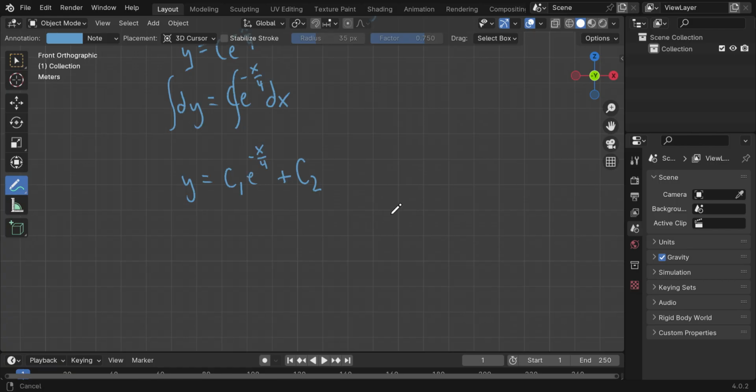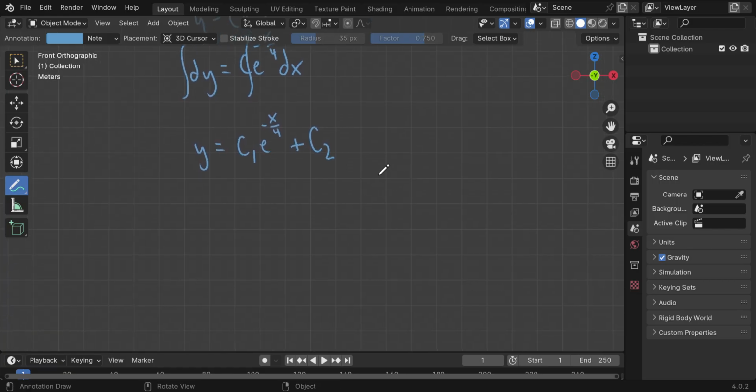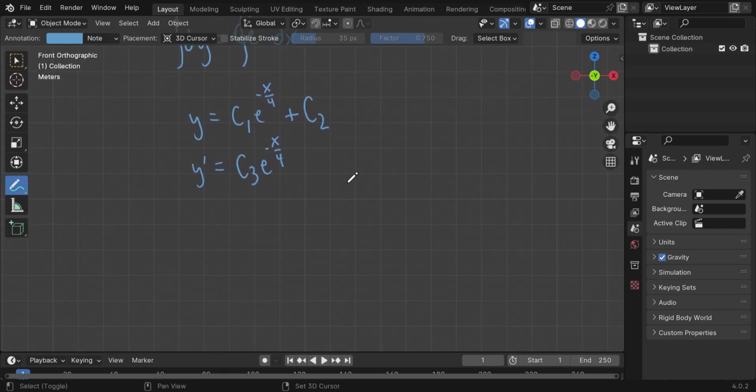So let's prove this now. If we just look at y', we get some different constant, I'll do C3, times e to the negative x over 4, and there's no C2. So what did the initial problem say?